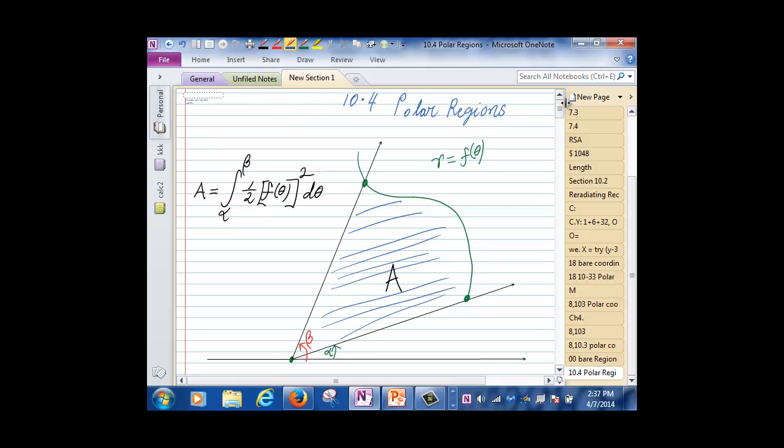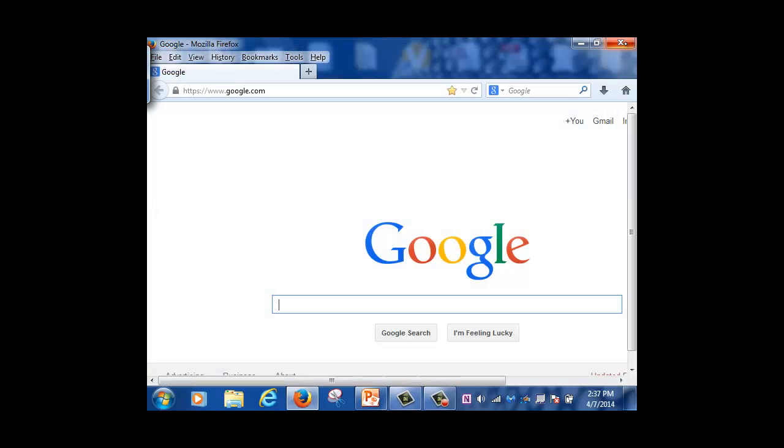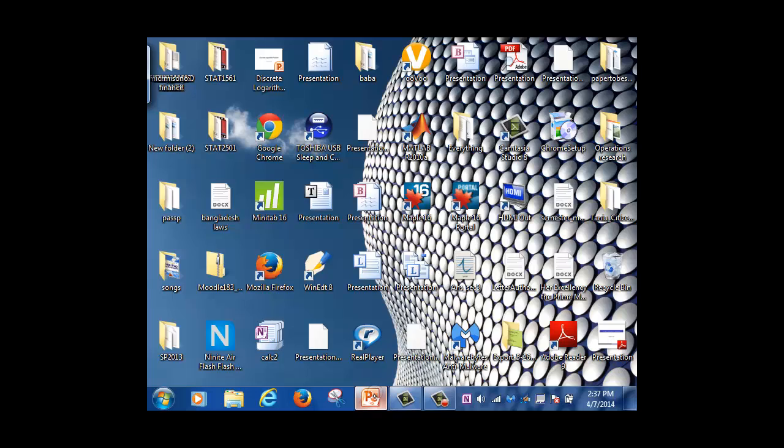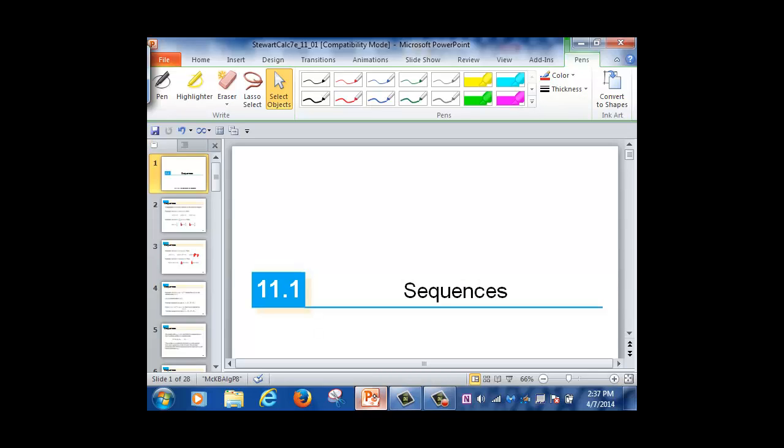Okay, so what I'm going to do then is go into our next topic, chapter 11. If you ask anybody who has taken Calculus 2 before, many of them will probably warn you about this chapter, sequences and series, because students tend to do poorly in this chapter.